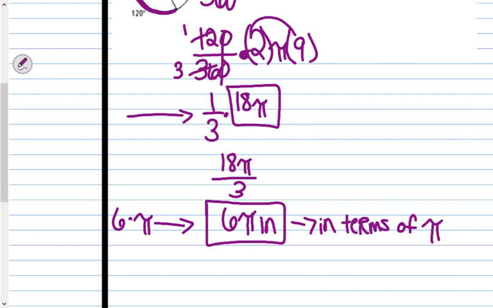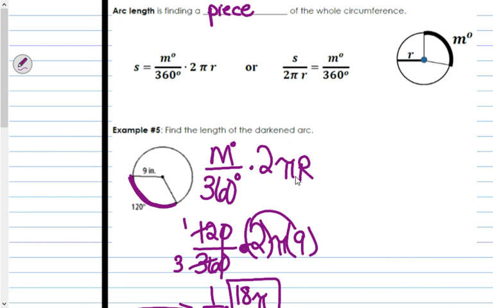We will do examples 6 and 7 in class, but the main thing I want you to remember with arc length is we're finding the length of an arc. If we were finding the length of the whole circle, we would be doing 2 pi r or pi d. But we're finding just a piece of the circle, so we have to multiply that whole circle by a fraction. Okay?